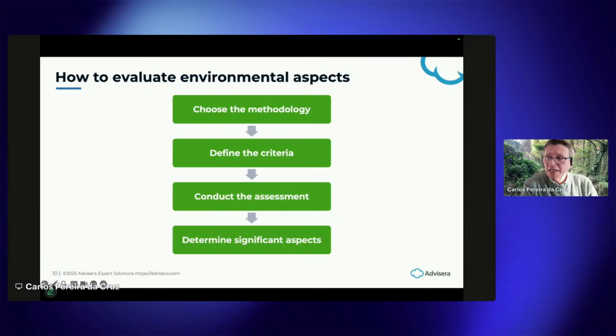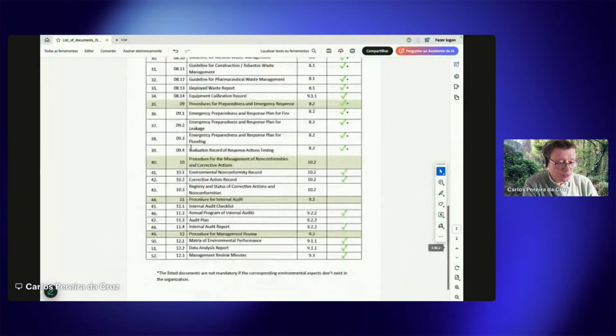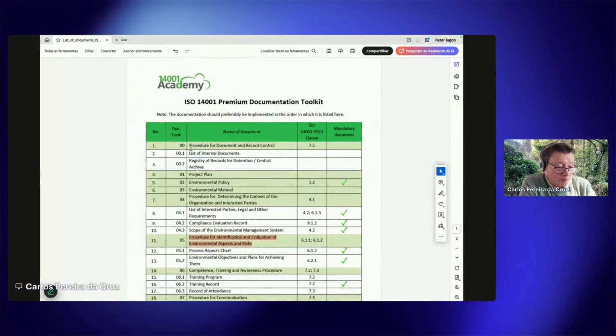Now, you will find all of the aspects related documents in our ISO 14001 premium toolkit. Let me show you how it looks. So we have here the list of all the documents that we have in the ISO 14001 Premium Documentation Toolkit.